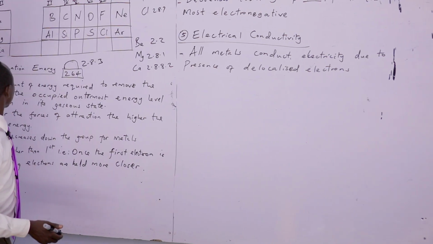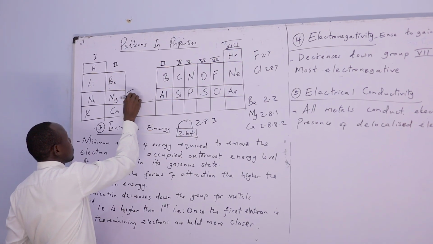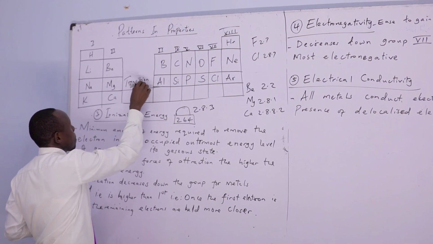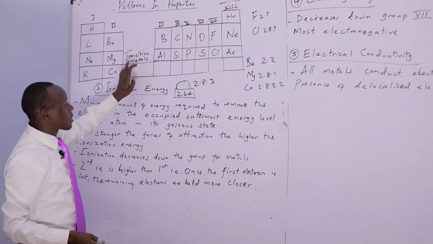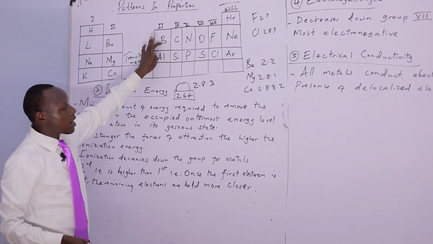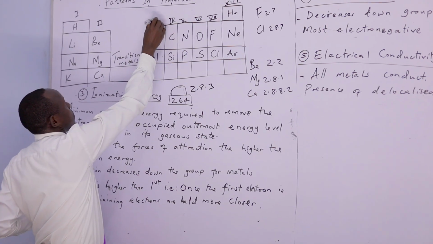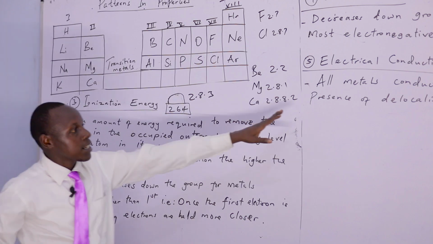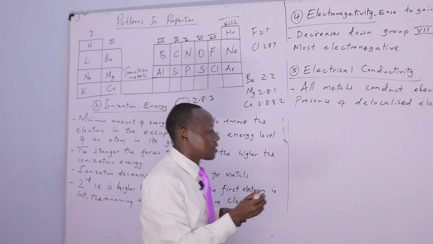Metals, we have group 1, group 2, transition metals, group 3. These ones are metals. So these are good conductors of electricity because they have delocalized electrons.